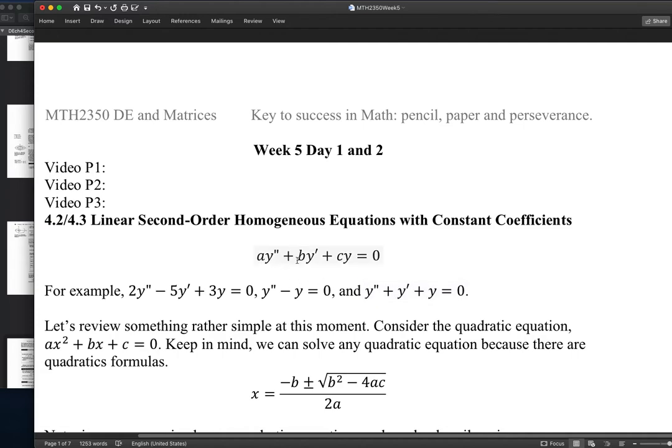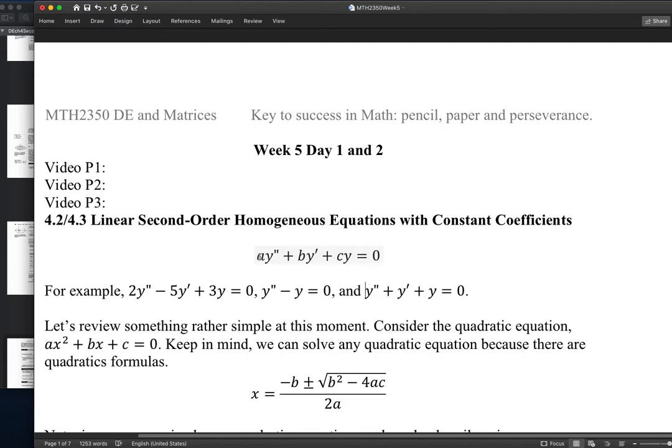Each coefficient is just 1, 1, 1 here. So all these are the so-called linear second order homogeneous differential equations, where the coefficients of y, y prime, y double prime are constant. So this is a kind of long description for the differential equation we are working on.